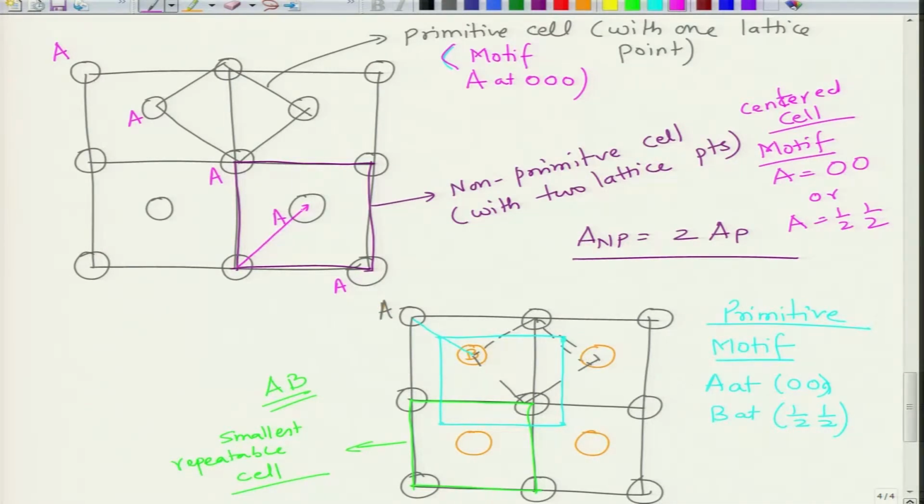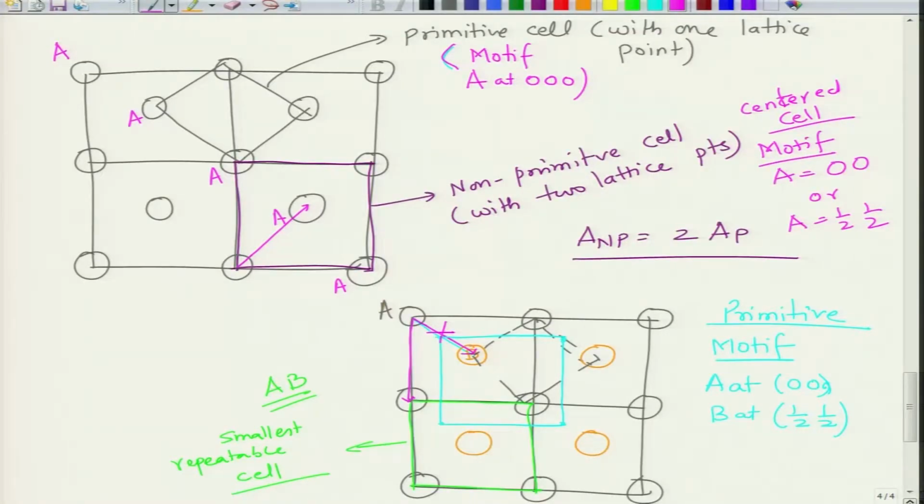In the case of a compound, the lattice translation vector is not this, but this. You have to go from one atom to the same kind of atom to complete the lattice translation, and it should be repeatable in space. You can make it more complicated if you have asymmetric molecules, and so on.